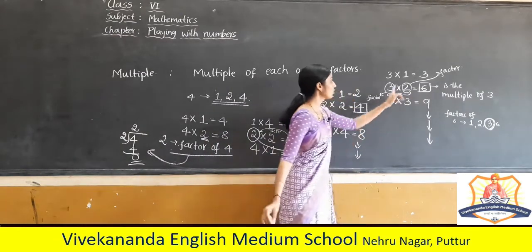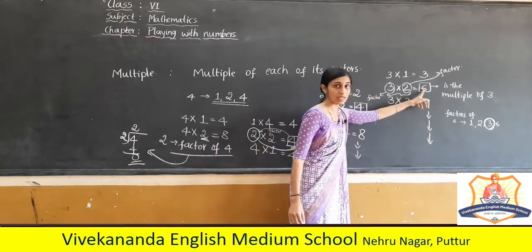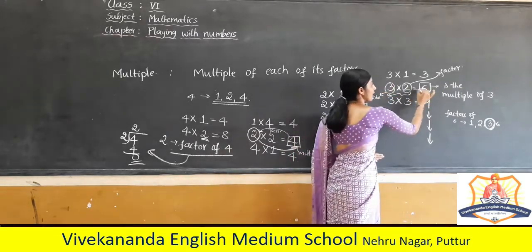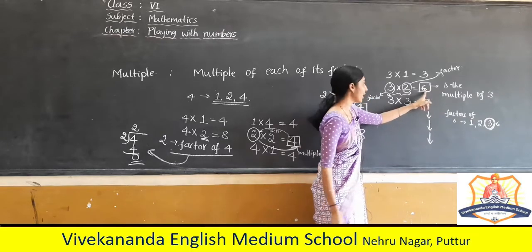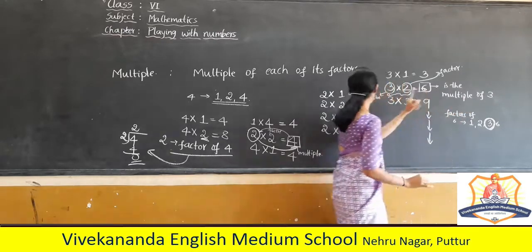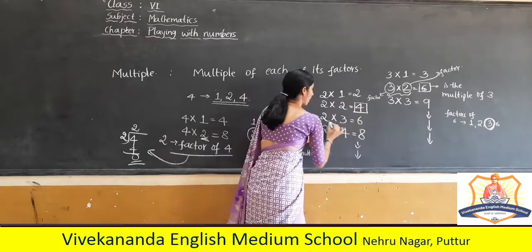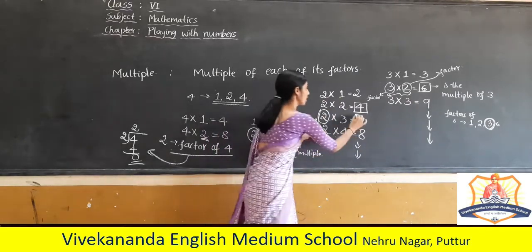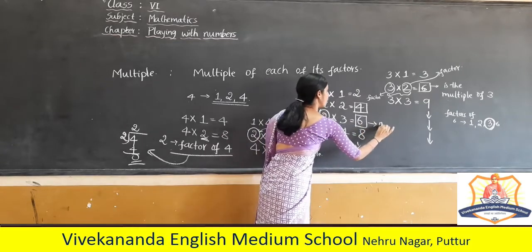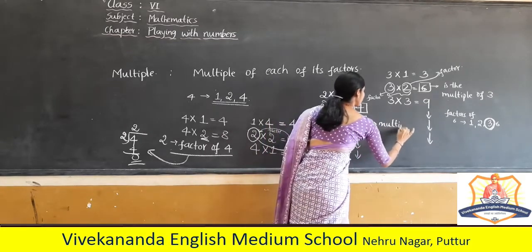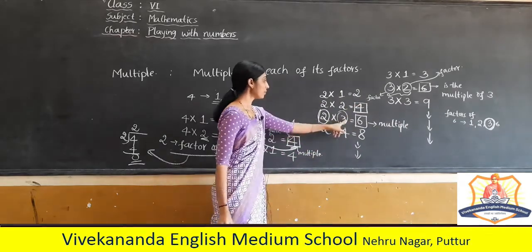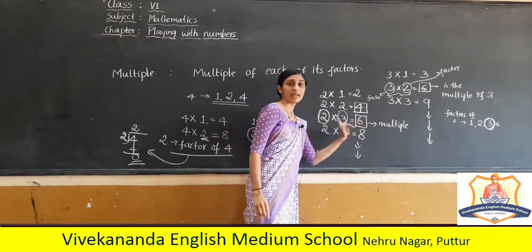These 2 are also factors of number 6. So, 6 can be told as a multiple of 3 as well as a multiple of 2. 2 and 3 are the factors of 6.